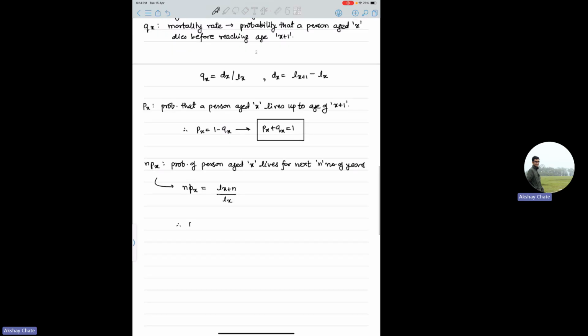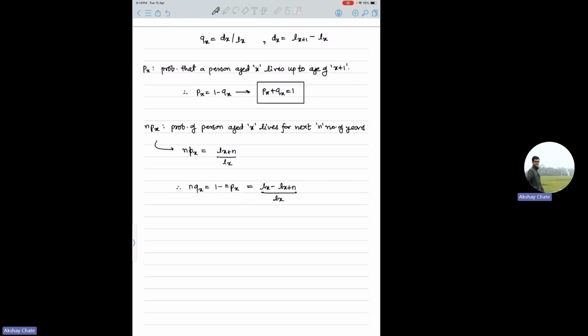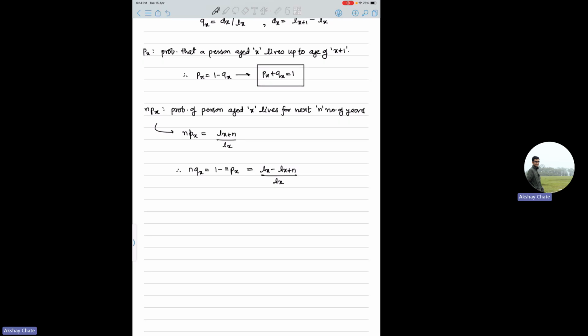And therefore you can define nqx also, which will be 1 minus npx, which is nothing but Lx minus Lx plus n divided by Lx. All these kinds of things you can do. You won't see these two columns, npx and nqx, in your mortality table.